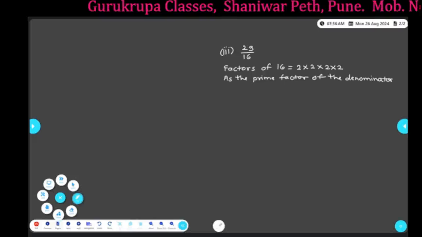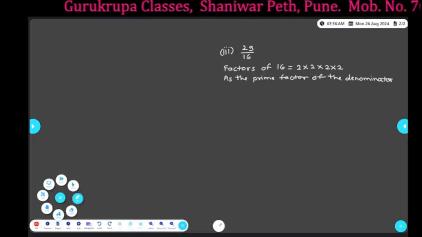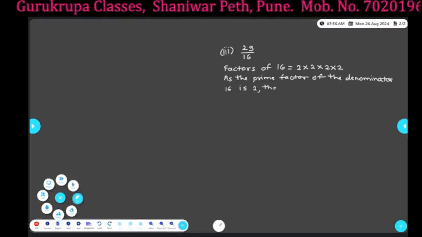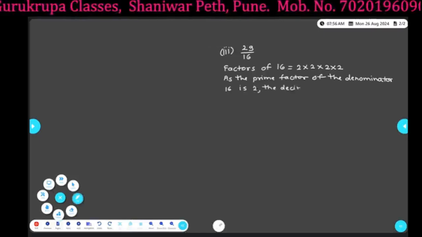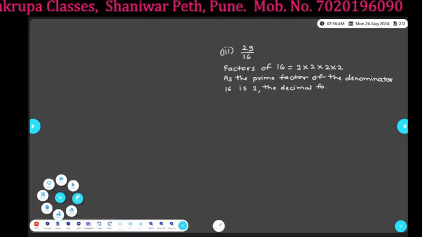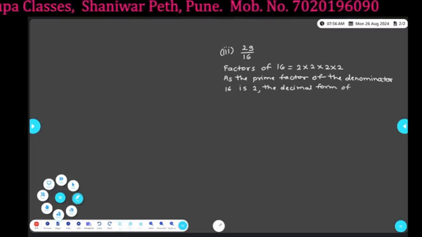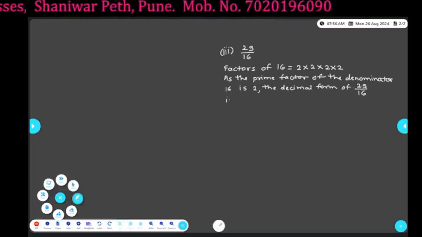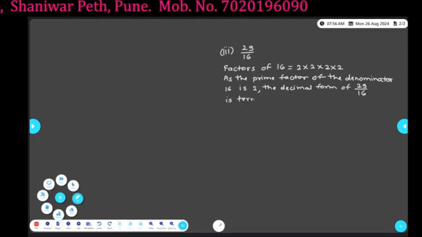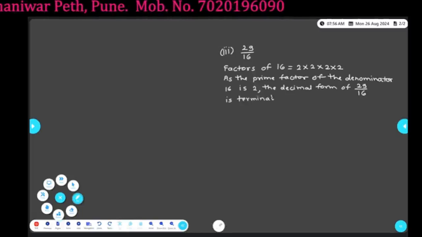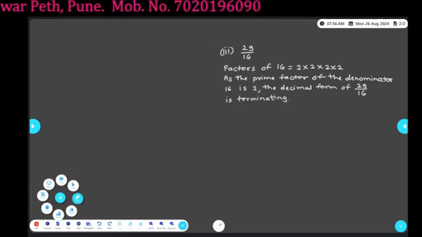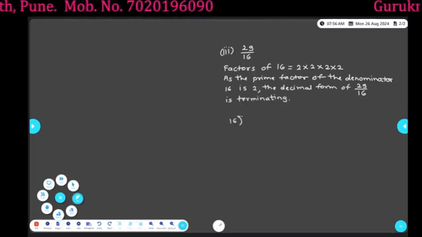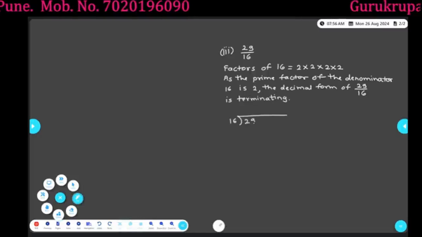So we can write down that as the prime factor of the denominator 16 is 2, the decimal form, as per our rule or property, the decimal form of the given rational number, that is 29 upon 16, is terminating. So we can also solve that and then show that whether it is terminating or not.